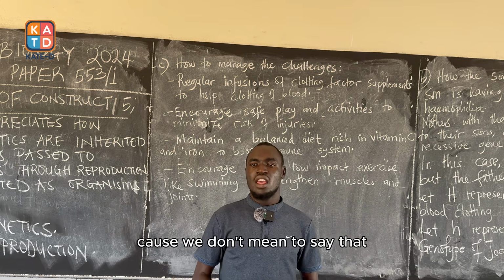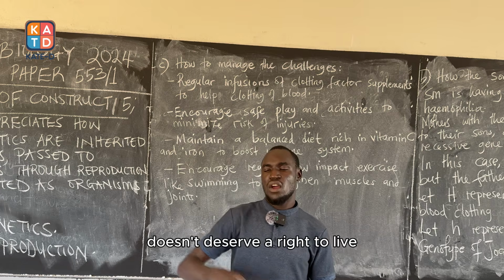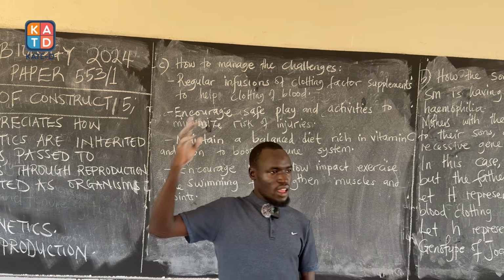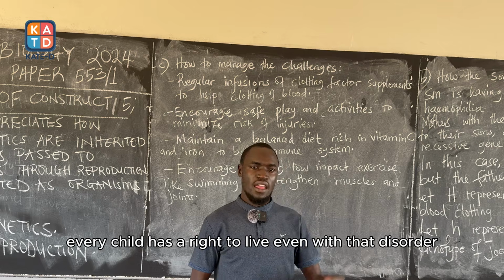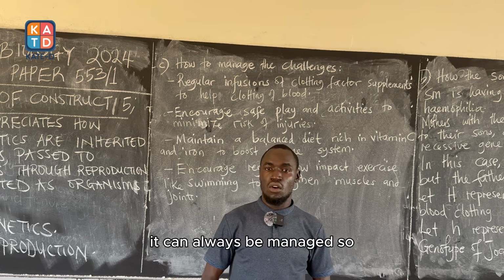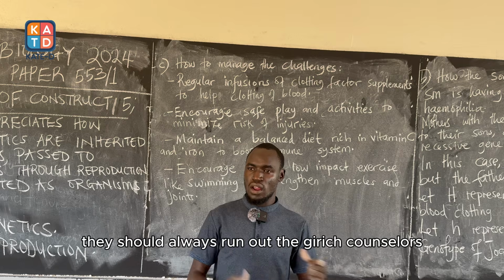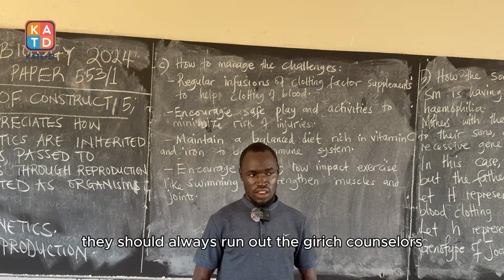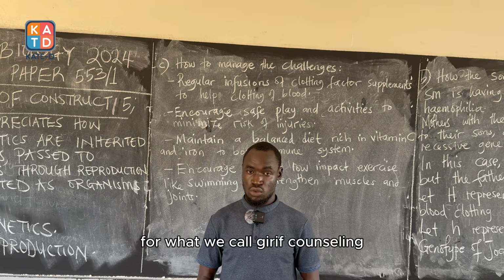Because we don't mean to say that a child with a genetic disorder doesn't deserve a right to live. No, please. Every child has a right to live, even with that genetic disorder. It can always be managed. So they should always reach out to genetic counselors for genetic counseling.